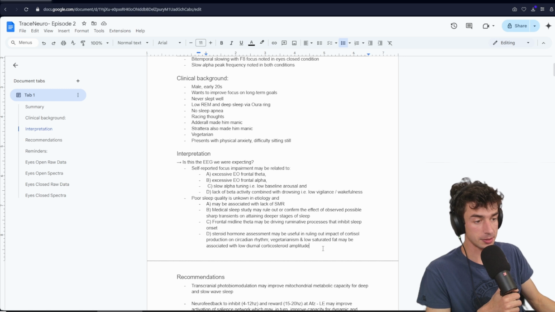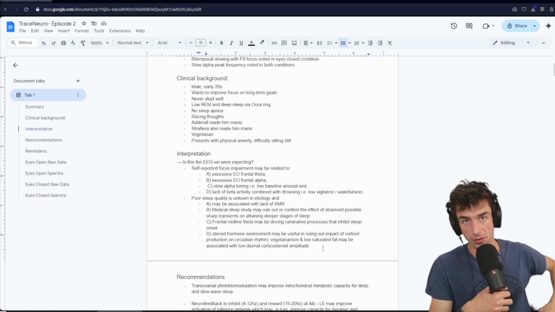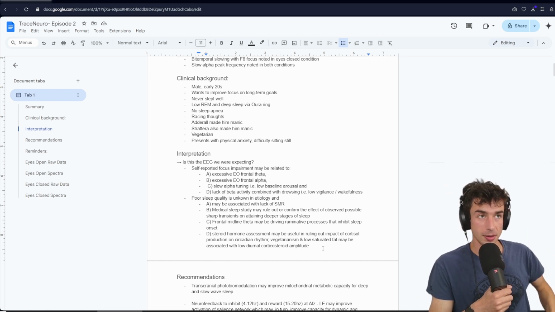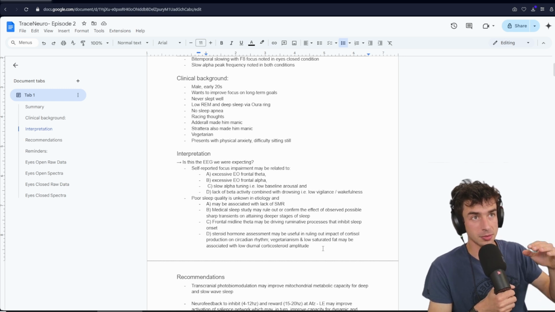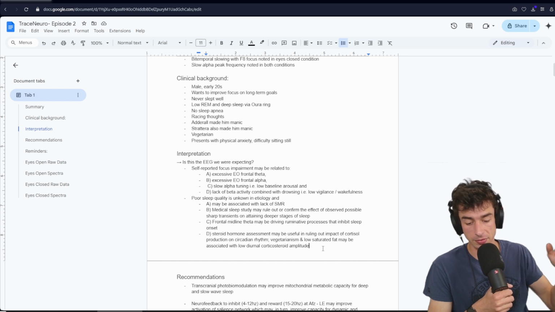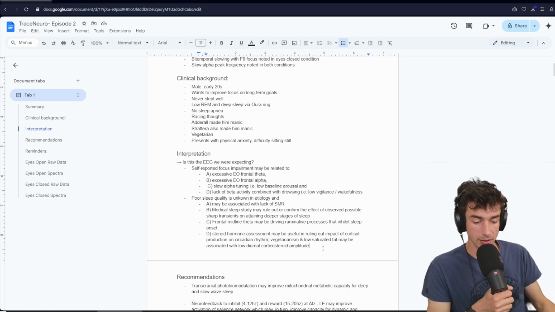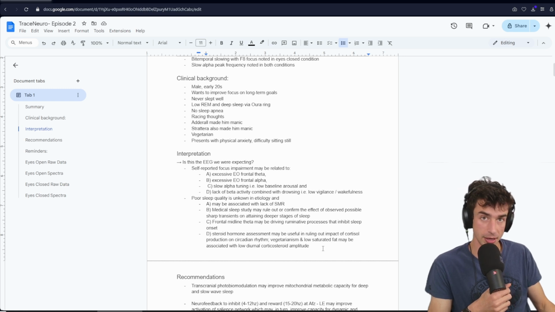Right, just looking at basically the graph of cortisol over the course of the day, because this presents as someone who's slightly under aroused all of the time, right, with the slow alpha and the lack of beta. And so I'm just wondering if there's actually just a suppression of that cortisol graph, that cortisol curve over the course of the day.